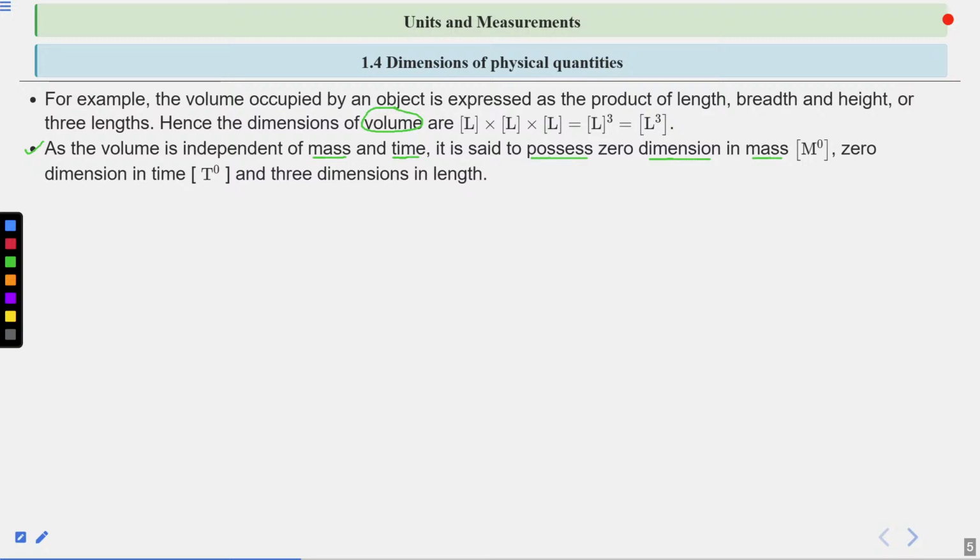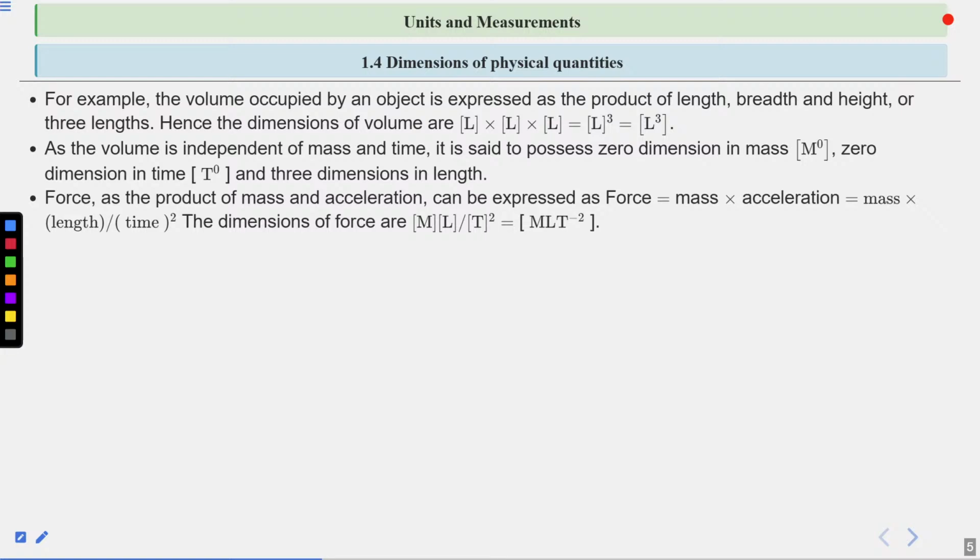We know any physical quantity can be expressed in M, L and T. Here volume is independent of mass and time, so M to the power 0, and time is also 0. The remaining term is L cube, three dimensions in length. So what will be the dimensional formula of the volume? [M⁰ L³ T⁰].